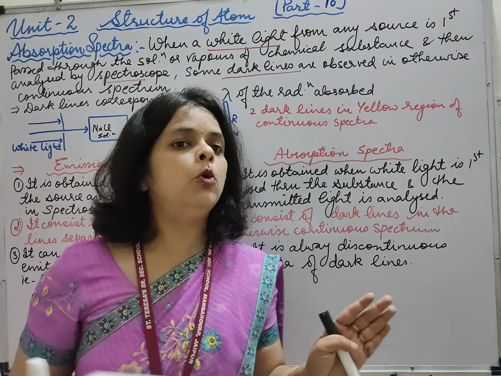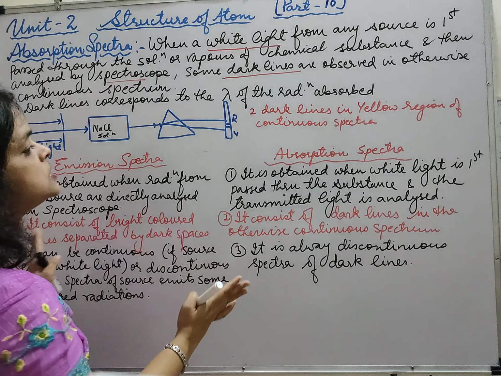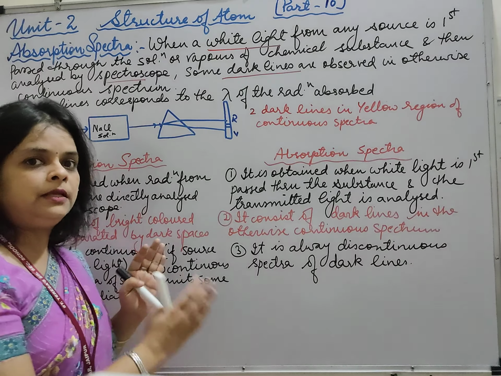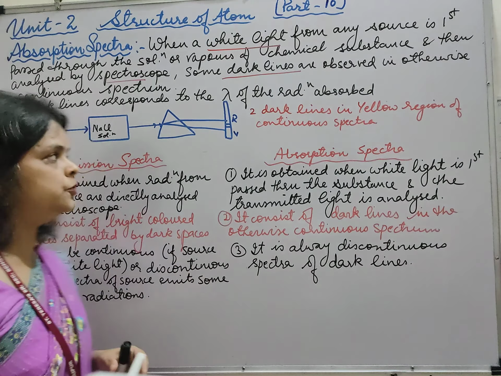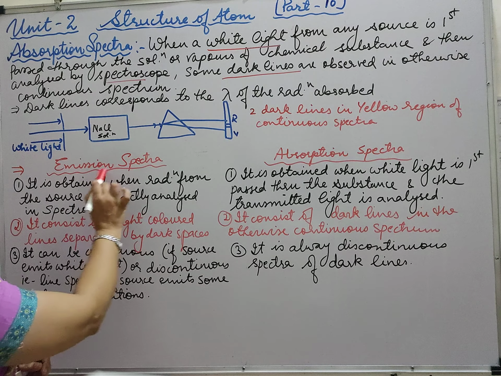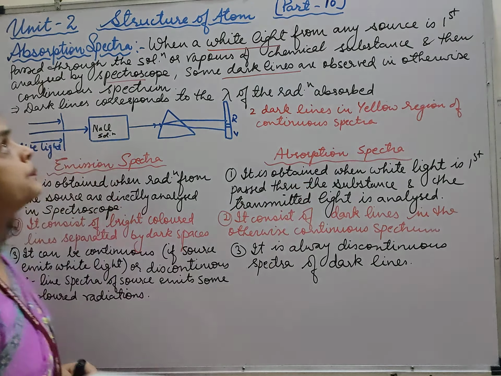Let's clarify it more with the help of a table. I have tried to summarize some points so that the meaning will be crystal clear to you, students. Emission spectrum and absorption spectrum.